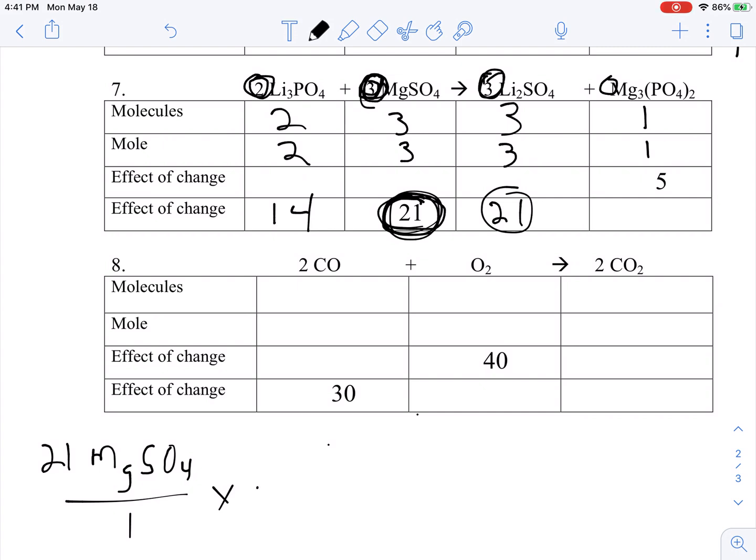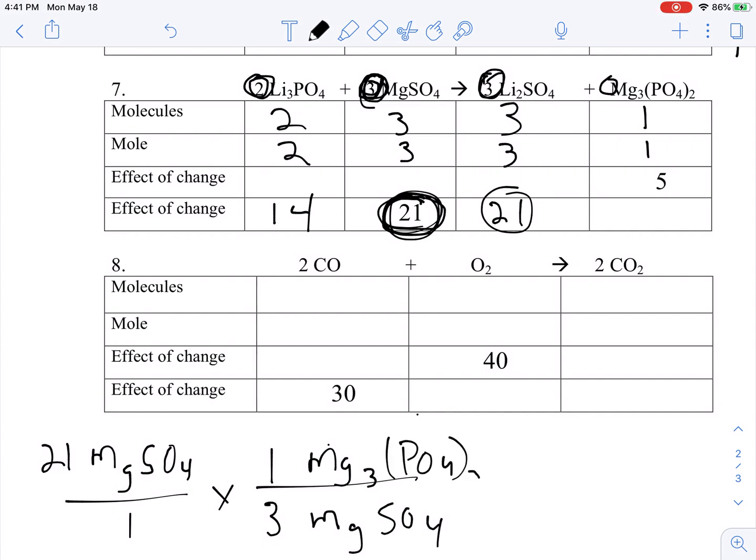And our ratio is for every 3 magnesium sulfate, we have 1 magnesium phosphate. So we do our math. 21, top times top, 21 times 1 is 21. And again, these cancel out. 1 times 3, bottom times bottom, is 3. 21 divided by 3 is 7. So that's what we would get.